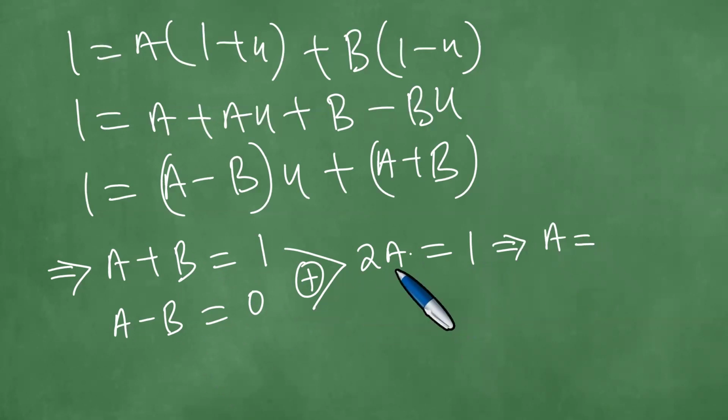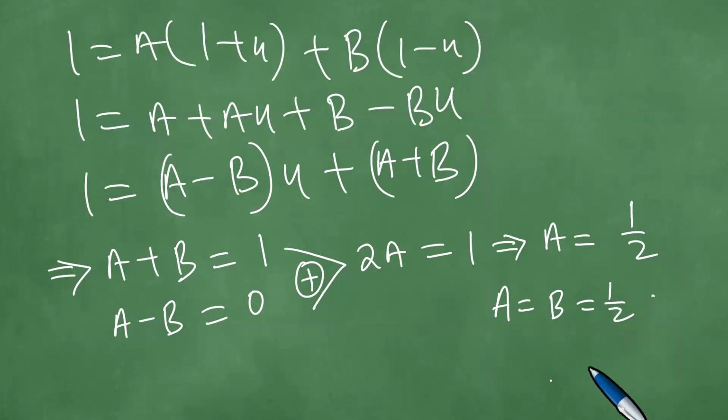Upon solving, we have that A equals 1/2. But this bottom equation, A minus B equals 0, also means that A equals B, but we know that A is 1/2, so B is also 1/2.